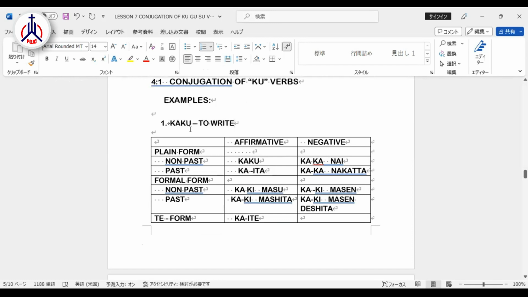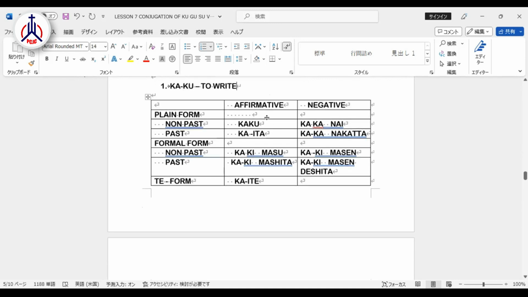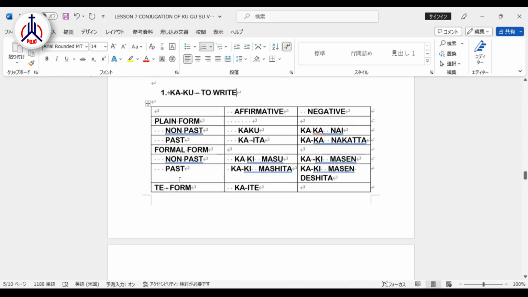Your verb ends in ku. So we have again the table: the affirmative and the negative, the plain form, non-past and past, the formal form, non-past and past, the te form, and conjunctive.